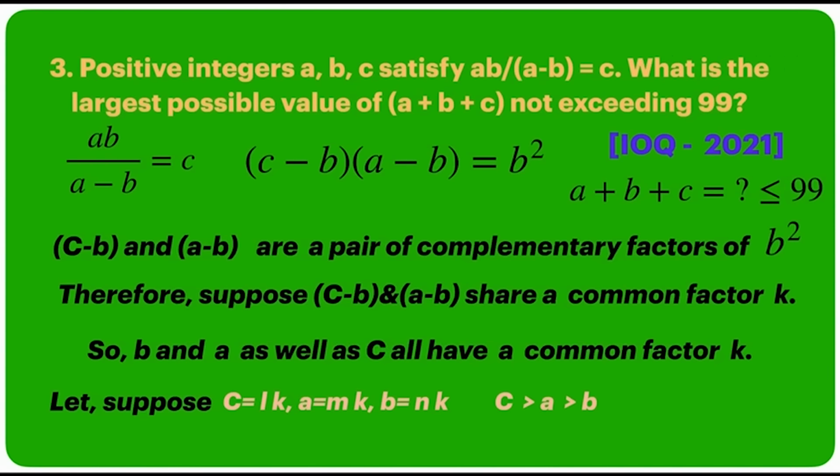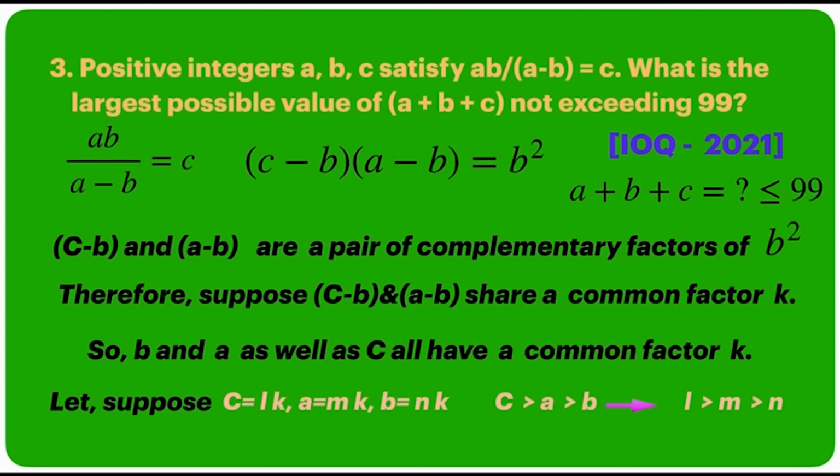Since k is common, we can write clearly from this that L greater than M greater than N, by cancelling k in this equation.